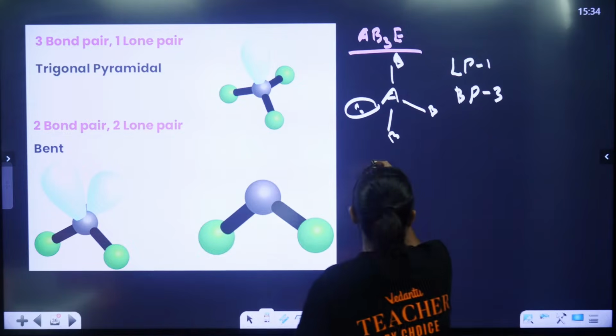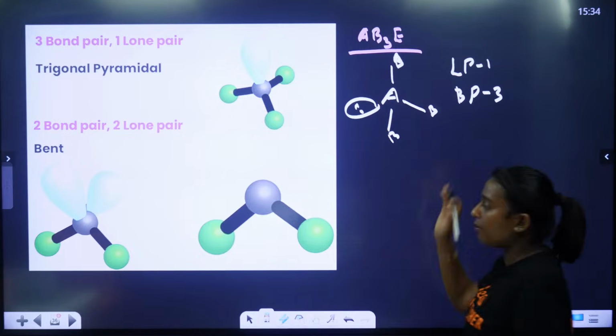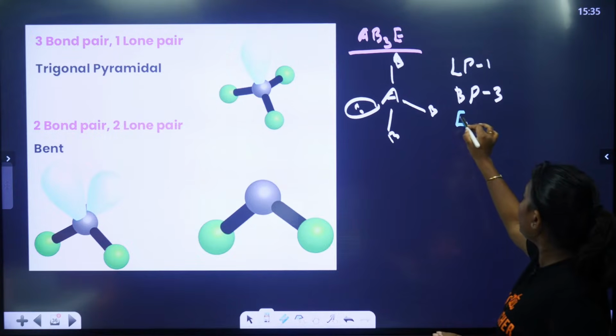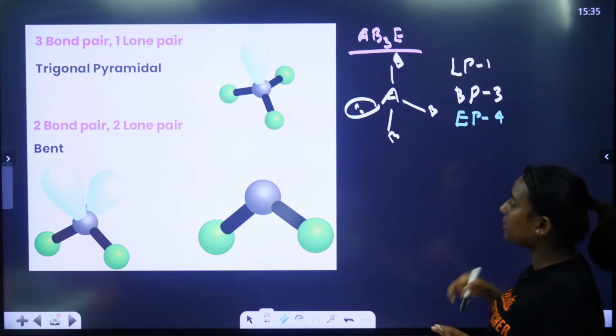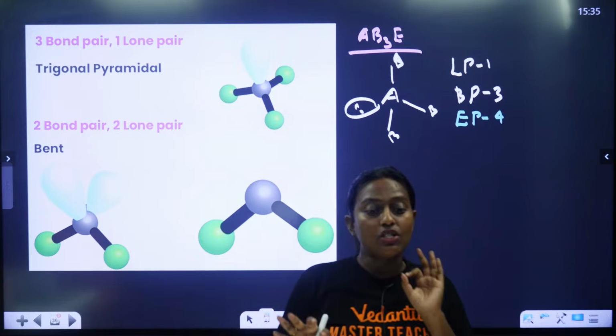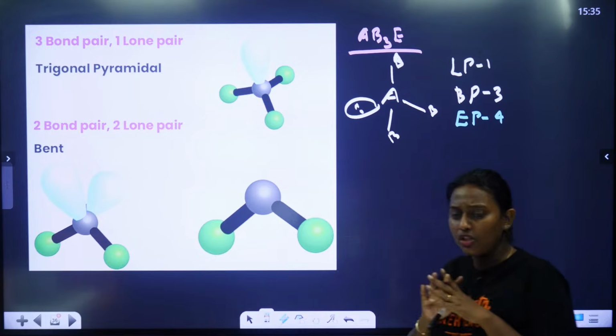So I am writing shape. Already we know the geometry. EP is 4 means tetrahedral. So always it is tetrahedral if EP is 4.